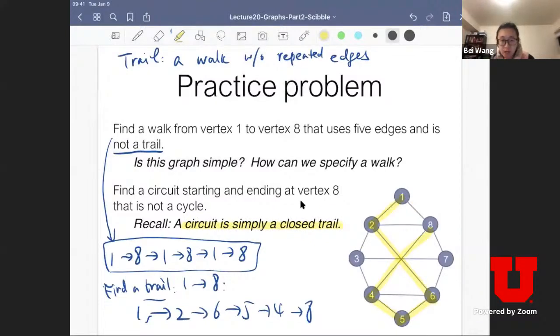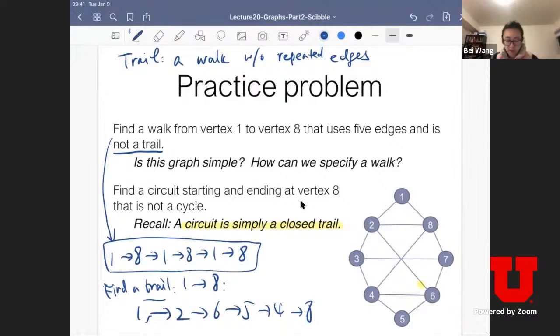So now this takes a little bit of effort to find this circuit. It has to start with 8 and end with 8. But as I mentioned before, a trail cannot have repeated edges, but you can actually repeat vertices. So that is the trick of this problem. So let's give the solution here.